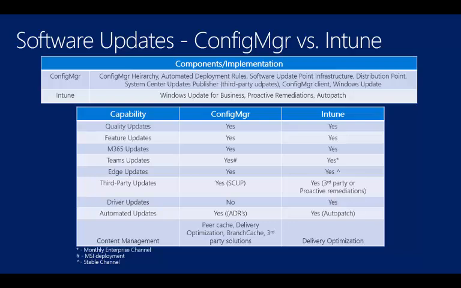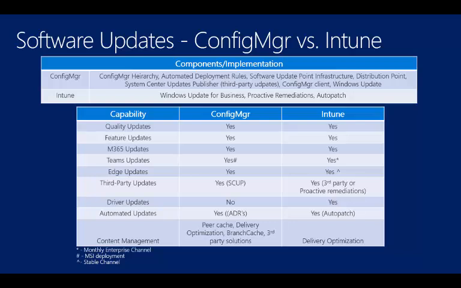We'll touch on AutoPatch quickly as we continue. In terms of capabilities, if you want to deliver quality and feature updates, M365 updates, choose ConfigMgr, choose Intune, whichever one you want.